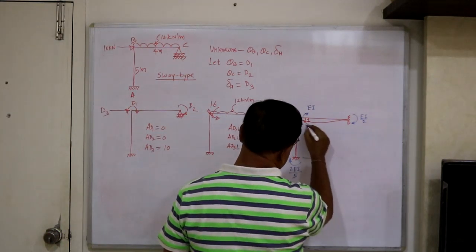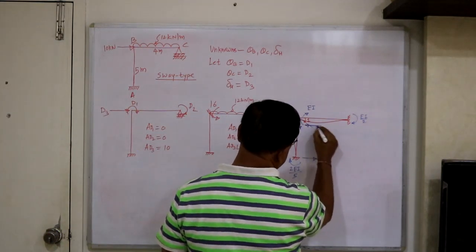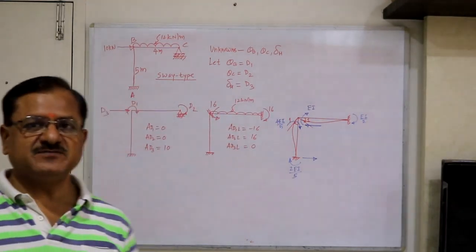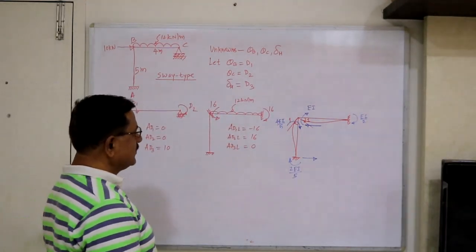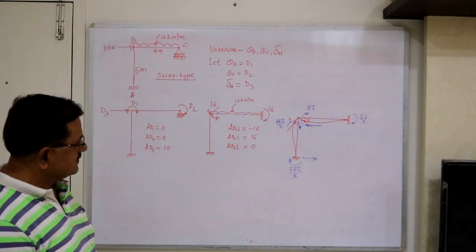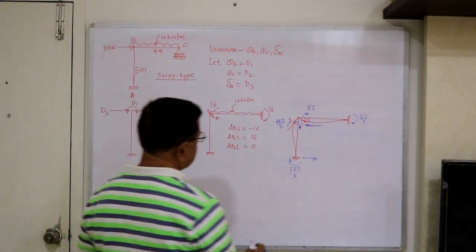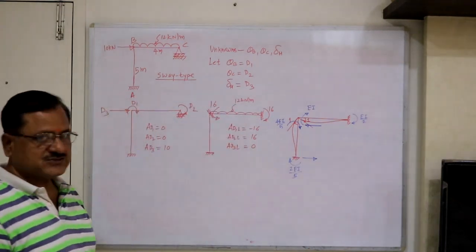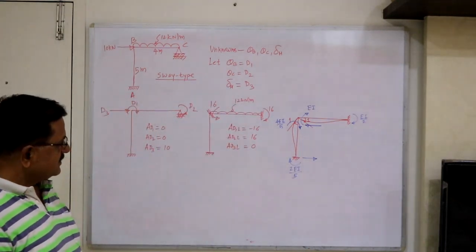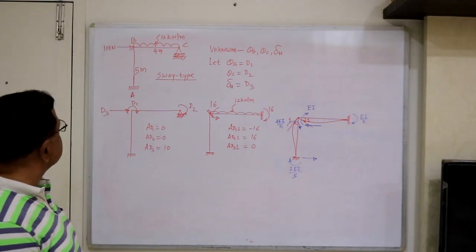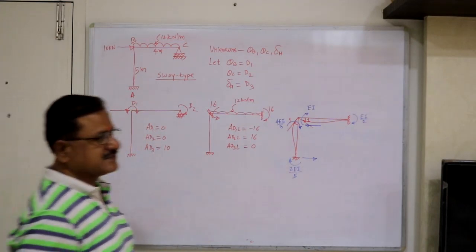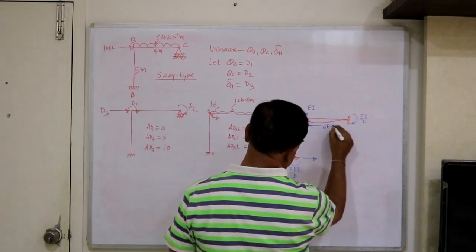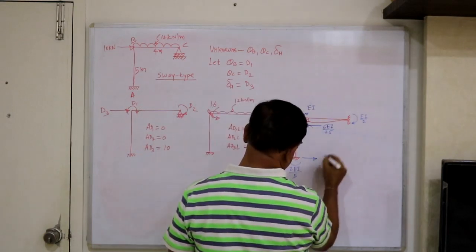The reaction at the column end is the sum of column end moments divided by the height of column. So 4EI by 5 plus 2EI by 5, which is 6EI by 5, divided by 5. So this is 6EI upon 25.